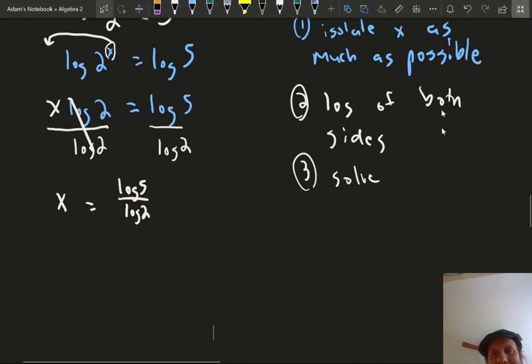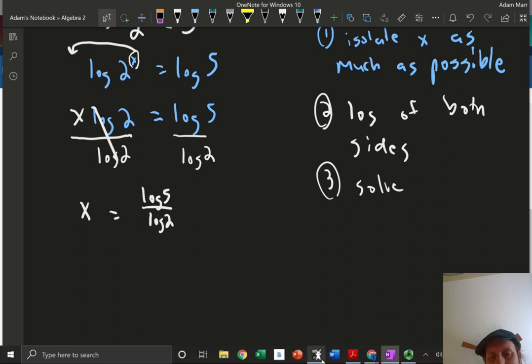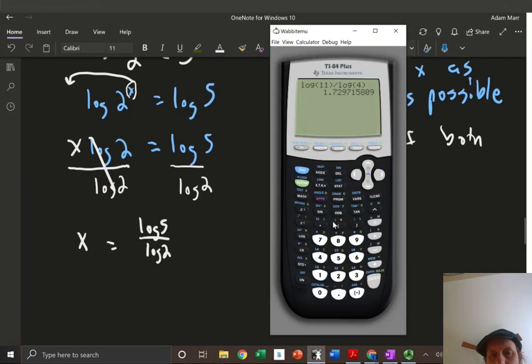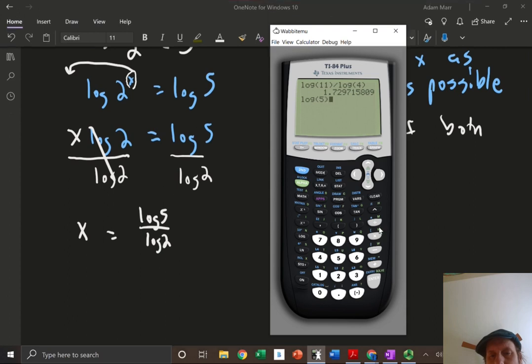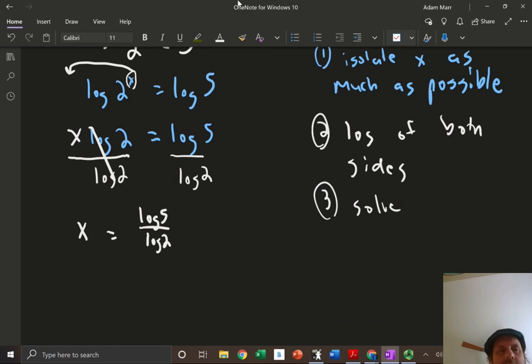So let's get our trusty, dusty calculator out. So we have log of 5 over log of 2. So we just get log of 5, close it up, divided by log of 2, close it up. And we are good. And we get 2.321, that's going to round up, right? If it's 3 decimals, 2.322. All right.